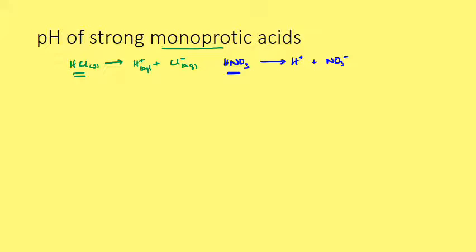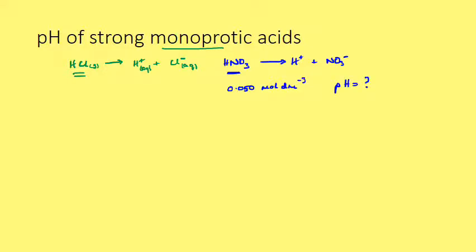So let's do a couple of examples. Let's use nitric acid, for example, and let's say we have nitric acid where the concentration is 0.05 molar or moles per decimeter cubed, and we want to calculate the pH.